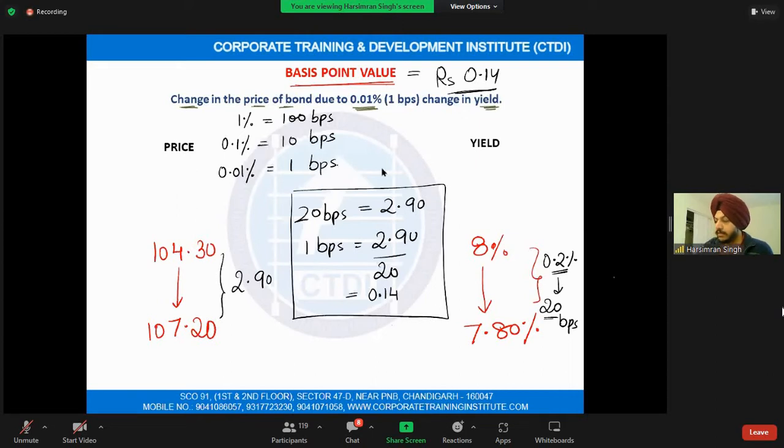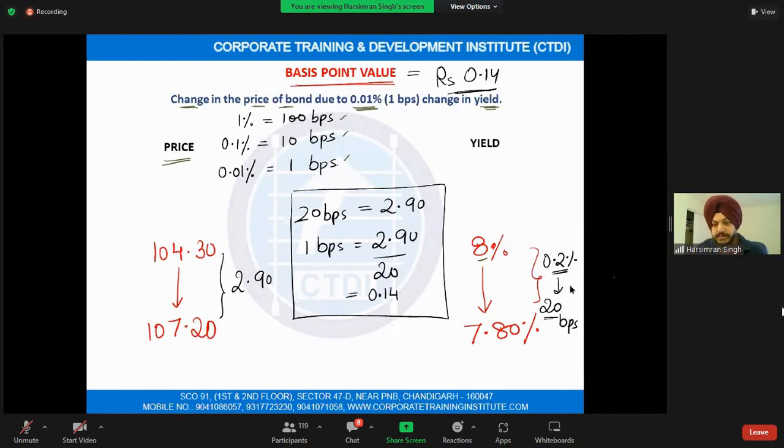So let us say the price of a bond is 104 rupees 30 paisa when the yield is 8%. Now yield goes down to 7.8% and the price goes up to 107.20. Now the question is calculate the BPV.